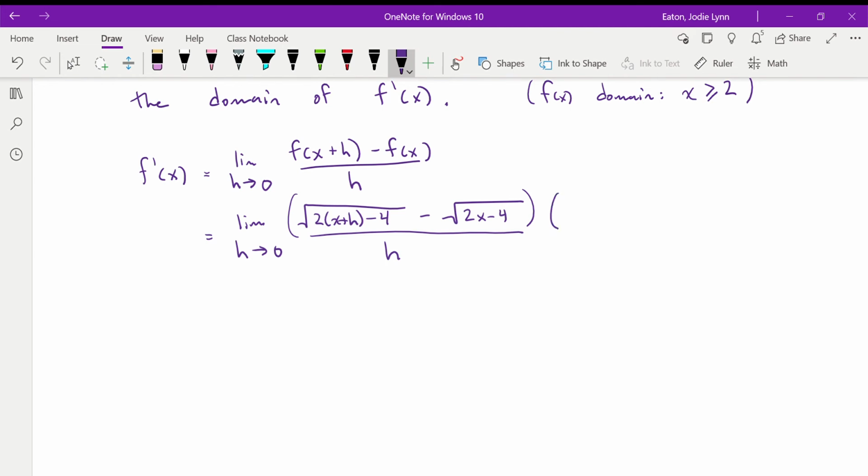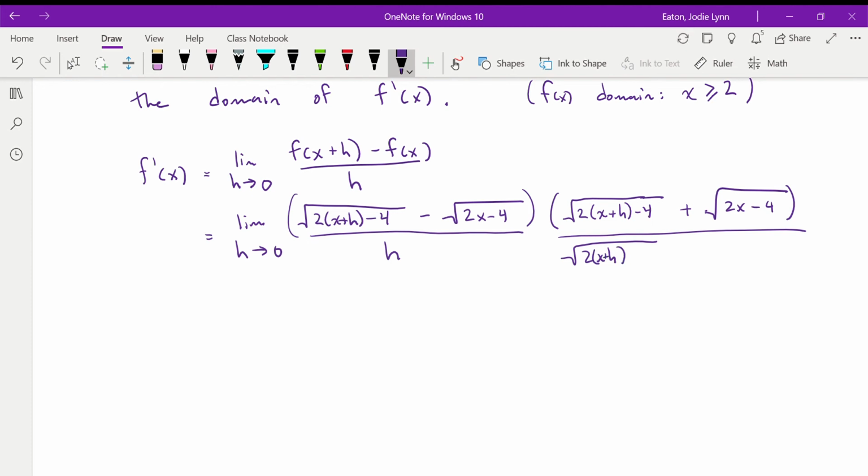And here you can see where some of the preparation we did in limits is coming back to help us. So we're going to multiply by radical 2 times x plus h minus 4 plus radical 2x minus 4, all over radical 2 times x plus h minus 4 plus radical 2x minus 4, multiplying numerator and denominator by the same thing because we just must.